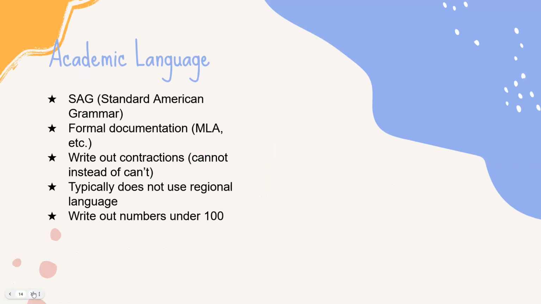And a little bit more about academic language. For colleges like the one we're attending, you're expected to use standard American grammar, typically with formal documentation. In our course, we use MLA, Modern Language Association, but there are other ways to document information, such as Chicago Turabian, APA, and so forth.